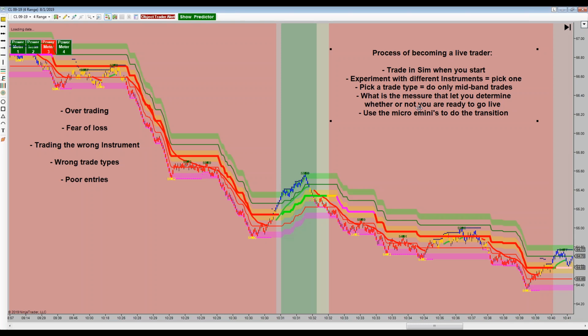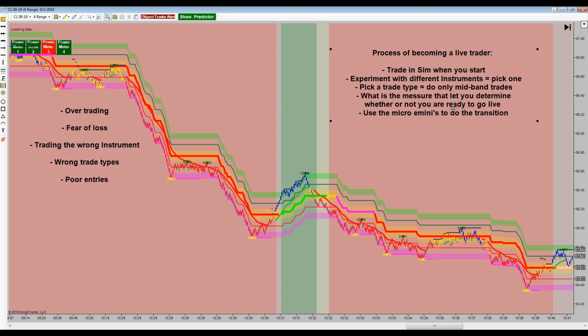Are you going to be making $500 to $1,000+ a day trading the micro E-minis while you're transitioning from sim to live money? What do you think? Just a yes or no. Cast your vote.